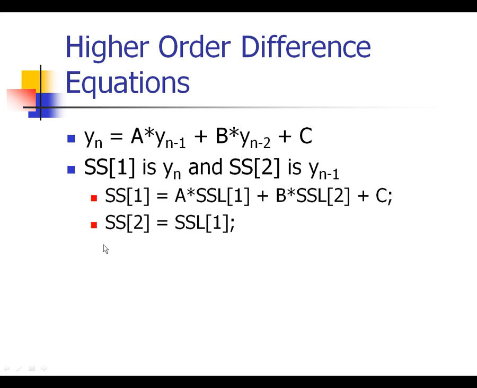We link the whole thing together by expressing SS2, which is y sub n minus 1, as SSL of 1. So by defining these two equations in this manner, they're linked together, and we're able to compute SS1 as well as SS2.